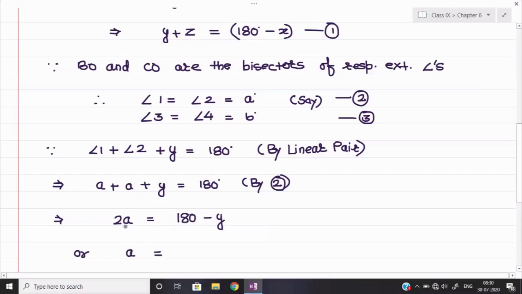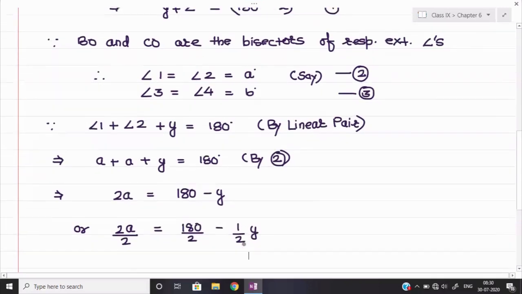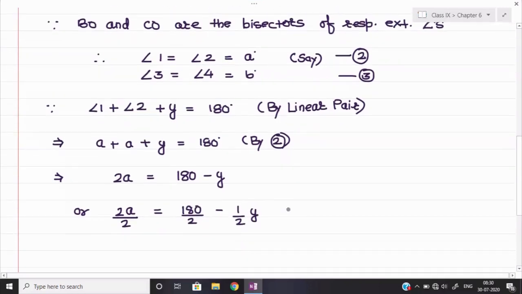So when I am dividing the 2A by 2, it will remain A over here, means 2A upon 2, 180 upon 2 minus 1 upon 2 into Y, because Y also I am dividing, so that upon 2 I can write down separately. Here 2 and 2 would be cancelled. Here 2 and 180 will cancel 90 times. So I can say that A will be equal to 90 degree minus 1 upon 2 into Y. This is my equation number 4.